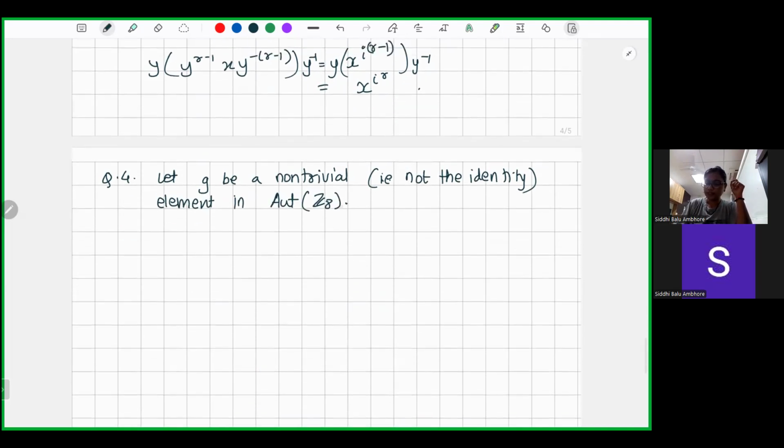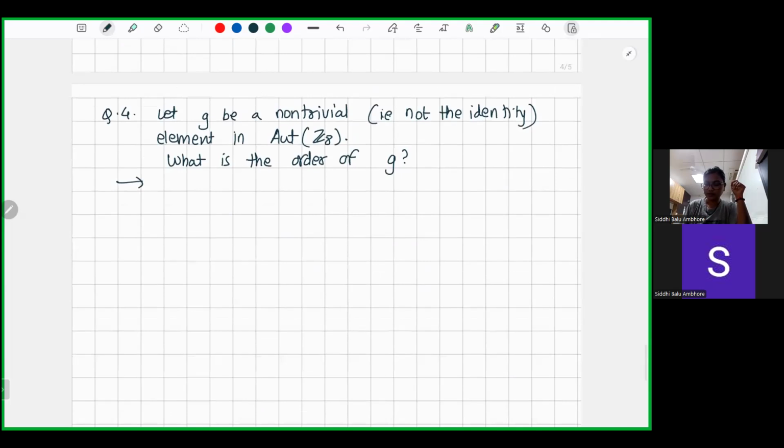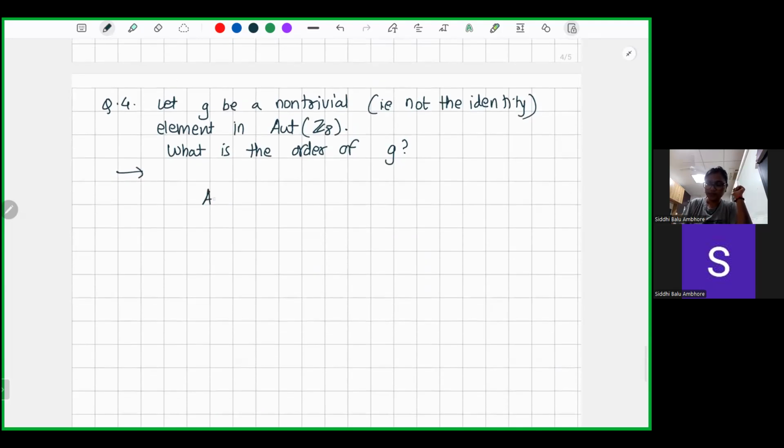Then the question is, what is the order of G? And again, as we have used this multiple times, the automorphism group of Zn is isomorphic to Un.